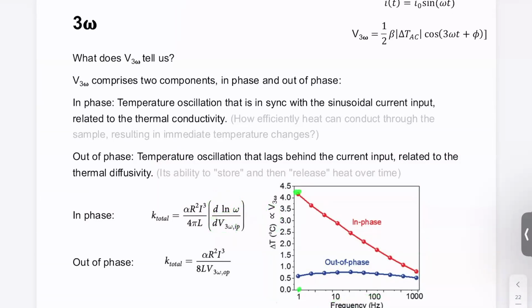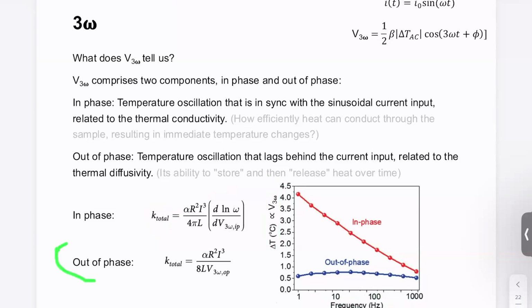You measure your V3 omega at different frequencies, then you get a curve. Then in this equation, we're looking at the slope of this curve. The slope of this curve tells you about thermal conductivity. Okay, in 3 omega method, we change our measurement frequency and we monitor our V3 omega. That tells you about thermal conductivity.